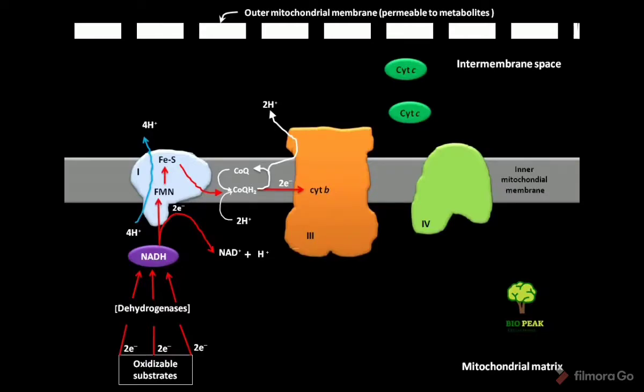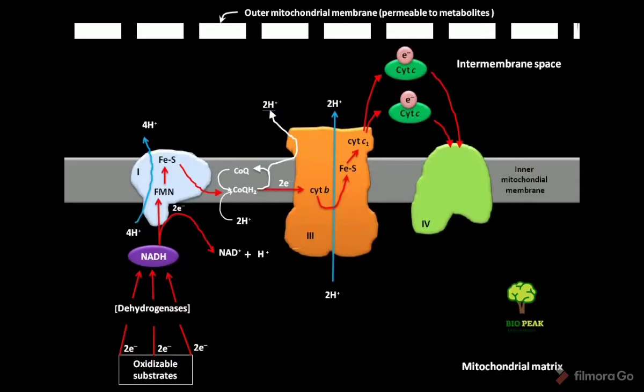Within complex 3, the 2 electrons are then transferred from cytochrome B to the iron sulfur cluster and then to cytochrome C1. Finally, the 2 electrons are transferred sequentially to 2 molecules of cytochrome C. For each pair of electrons transferred, 2 protons from CoQH2 and 2 protons from the mitochondrial matrix are translocated across the inner mitochondrial membrane.